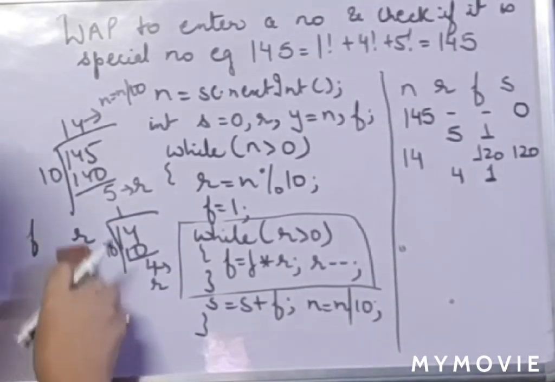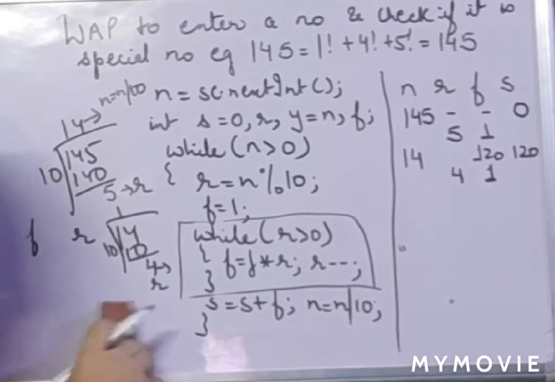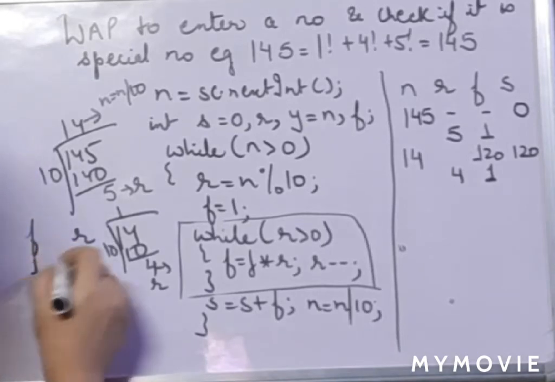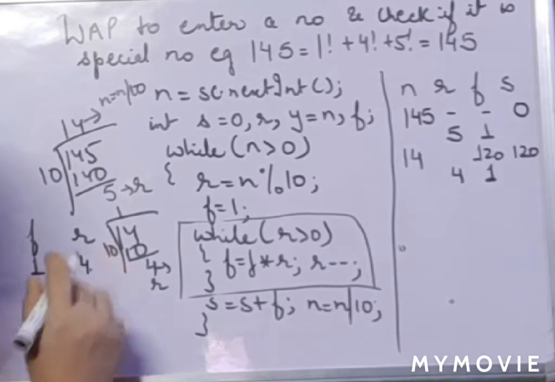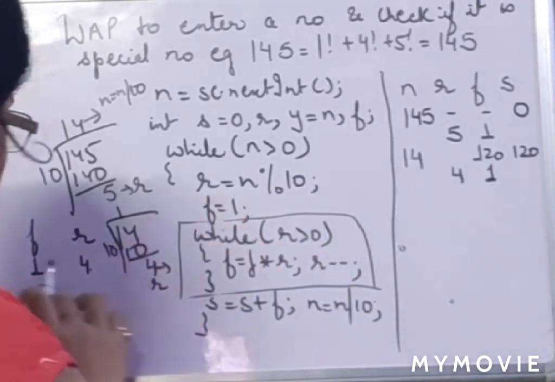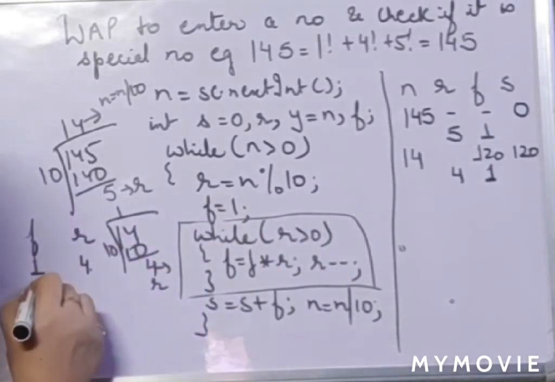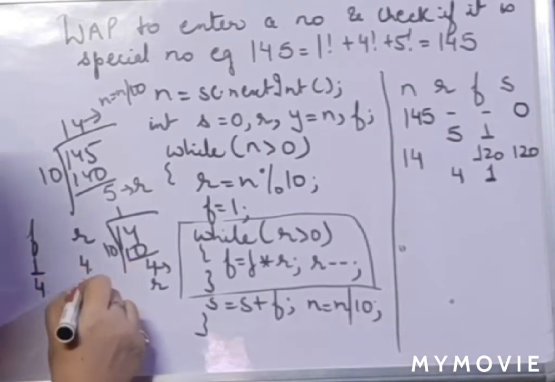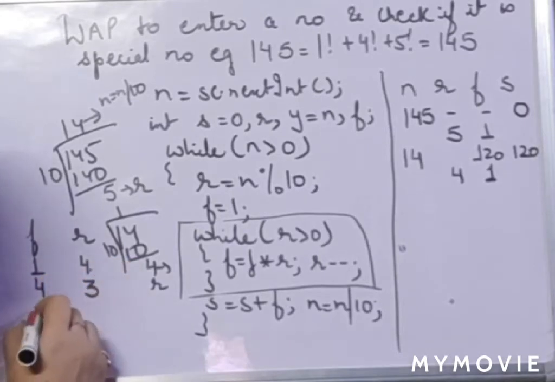So the value of f is 1, and the value of r is 4. 4 into 1 is 4. r will decrease to 3.